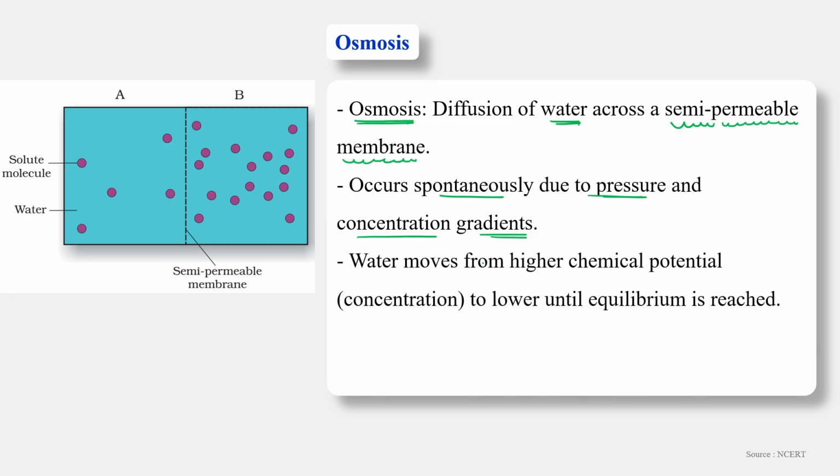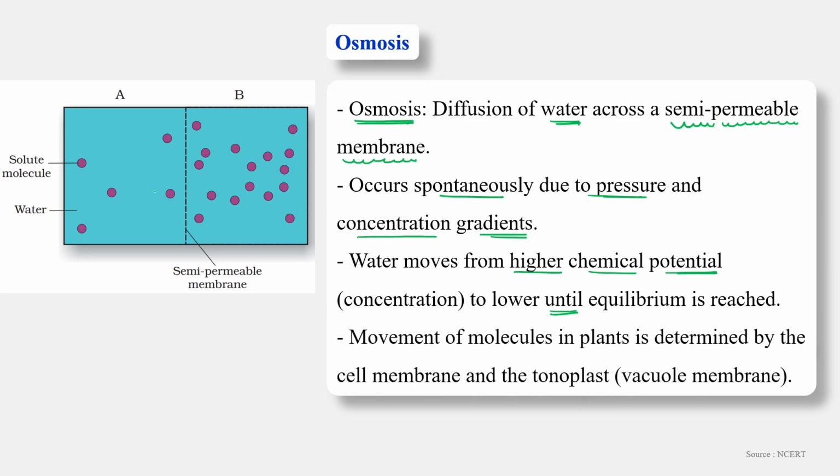Water moves from high chemical potential, or we can say high concentration, to low concentration until equilibrium is reached. As you can see over here, the concentration of water is more here, as solute concentration is less.